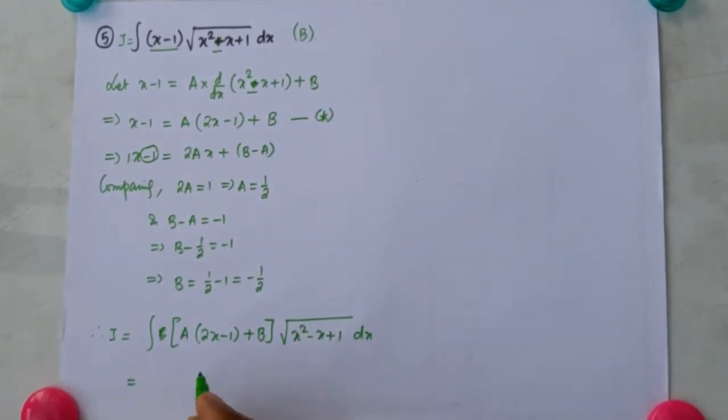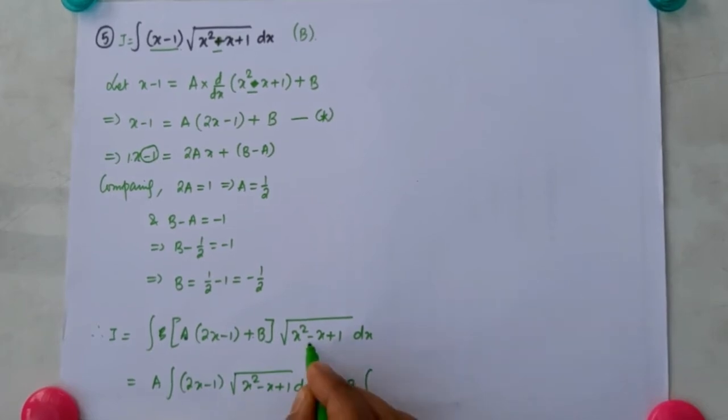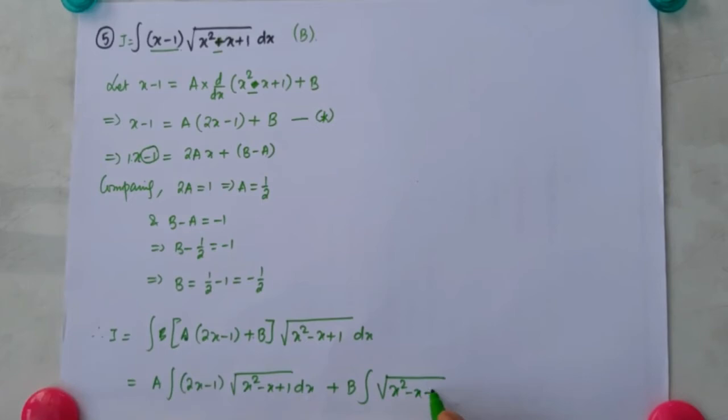Now let's open up the bracket. After opening the bracket, this a is a constant and can be kept outside, so this becomes a times the integral of 2x minus 1 square root of x square minus x plus 1 dx, plus similarly b kept outside times the integral of square root of x square minus x plus 1 dx. Please check it, isn't it?